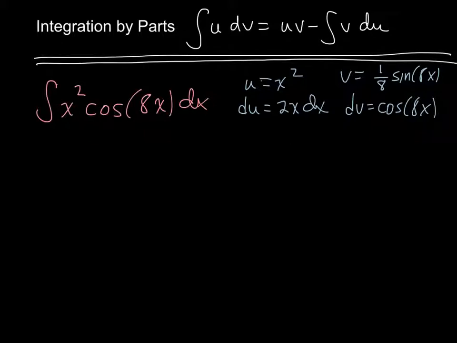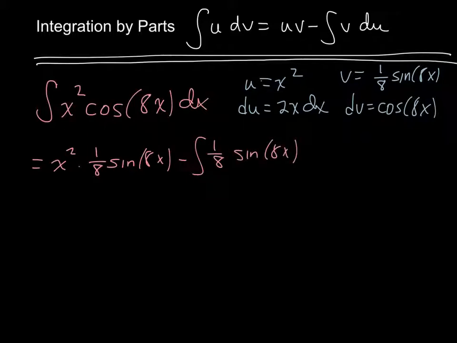Alright, so I have my formula that I'm looking at, which would be u, x squared, times v, which is 1/8 sine of 8x, minus the integral of v, which is 1/8 sine 8x, times du, which is 2x dx.